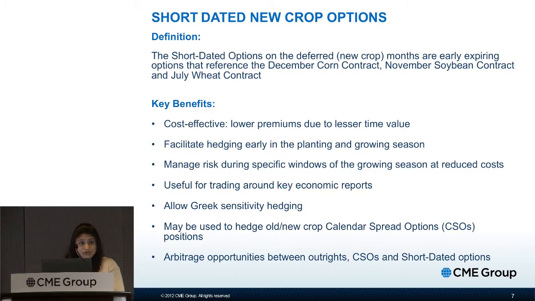I'll show you in a bit the Greek sensitivities around the short-dated new crop options, and it's interesting how it behaves compared to the standard options. This can be used to do different kinds of arbitrage strategies between outrights, CSOs, and short-dated.